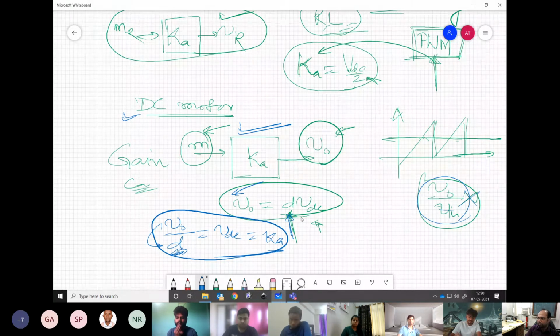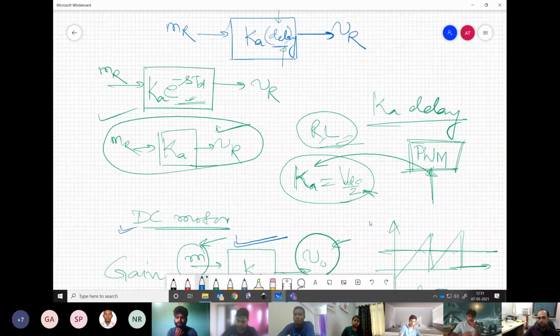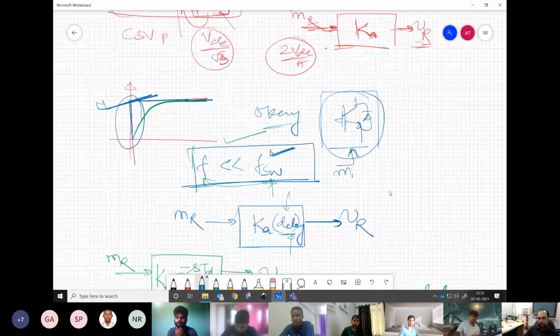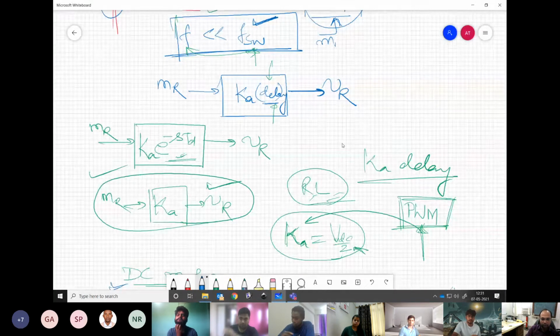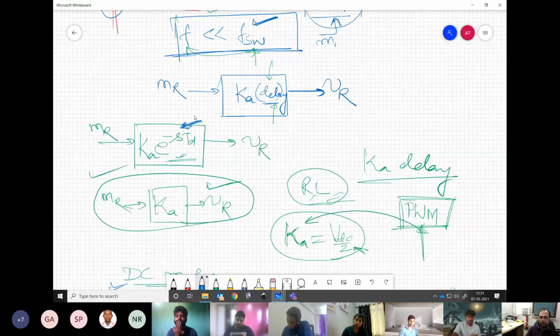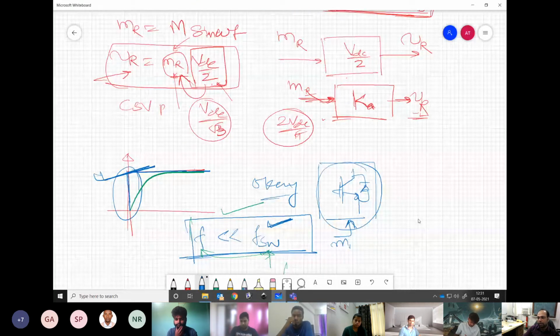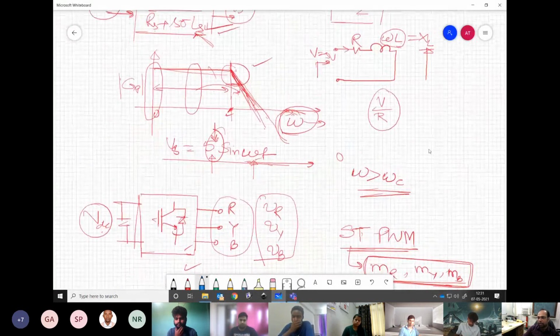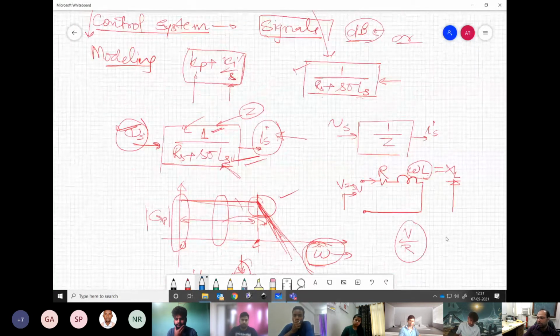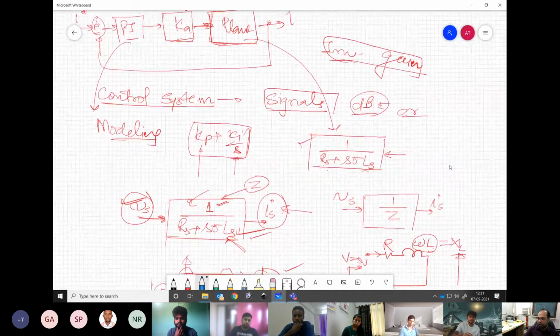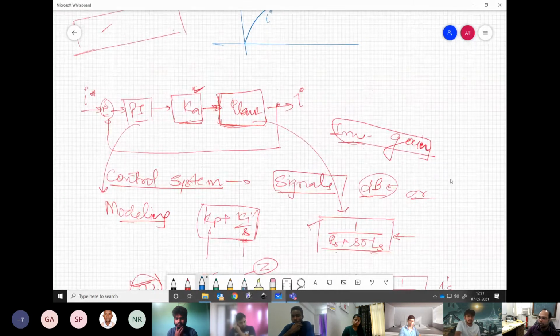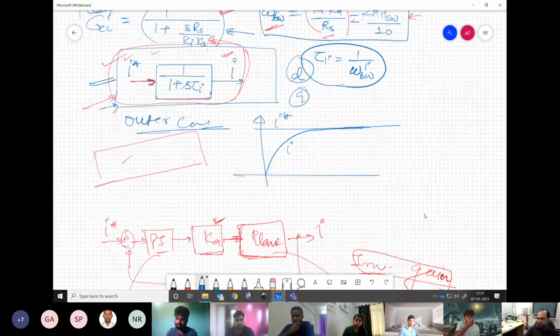Everyone clear? Yes, sir. So sometimes maybe in that case study, I will consider this delay also, and then we will see what can be done with this. How do we take care of delay? This is another important aspect which for normal rated motors or normal speed motors we do not see. But whenever we go for high power, high speed motors, these factors start coming in more frequently, and that is where we have to more carefully design our system.